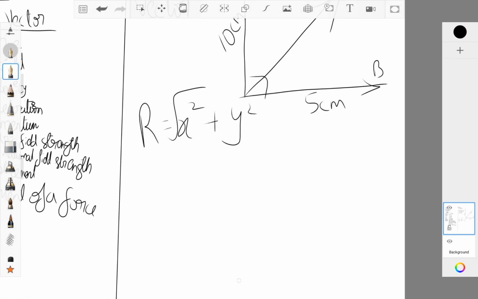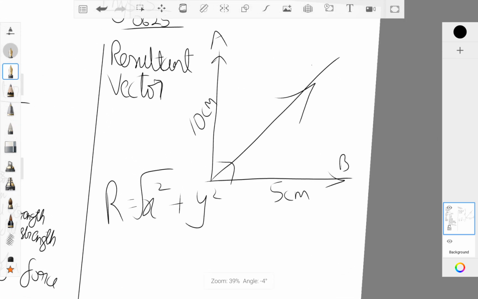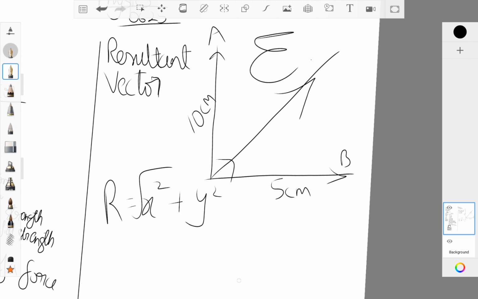The graphical method involves you drawing this diagram in a graph book. So the diagram that I just drew would be in a graph book, and you would use a suitable scale to represent the vectors on the graph. So you could perhaps use 2 centimeters to represent 10 newtons or any other suitable scale. You would of course draw straight lines whose lengths represent the magnitudes of the vectors based on whatever scale you choose.